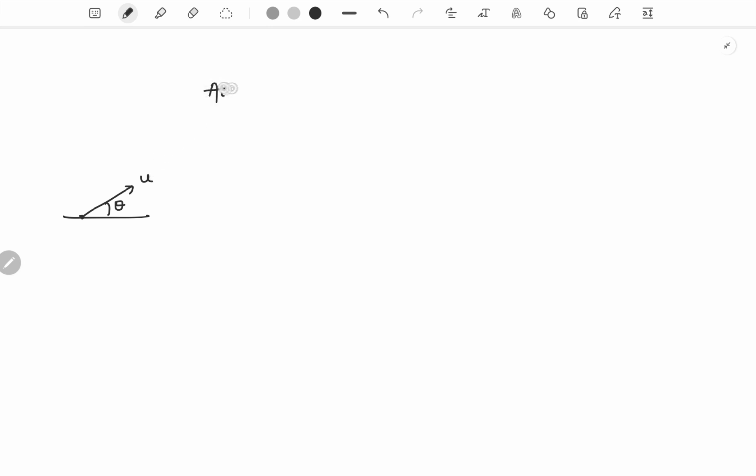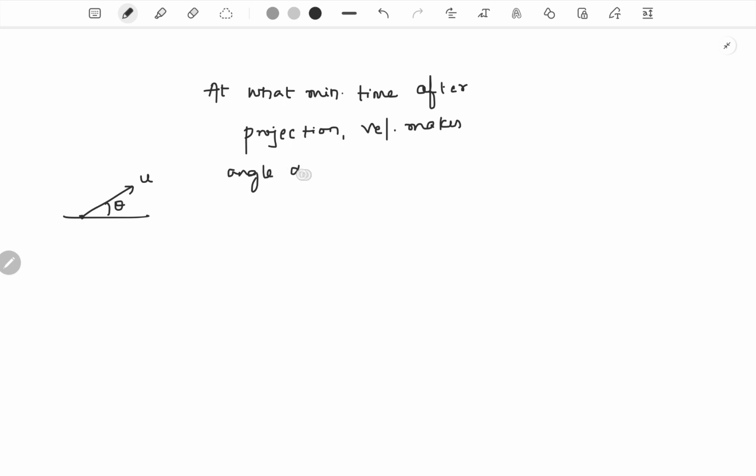Now their question might be something like: at what minimum time after projection does the velocity make angle alpha with the horizontal?